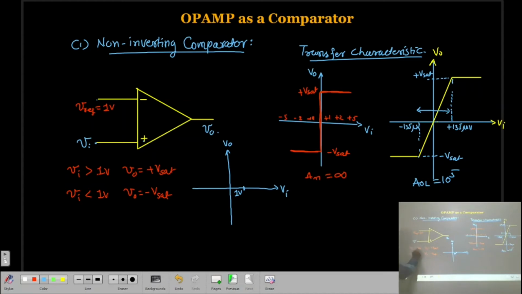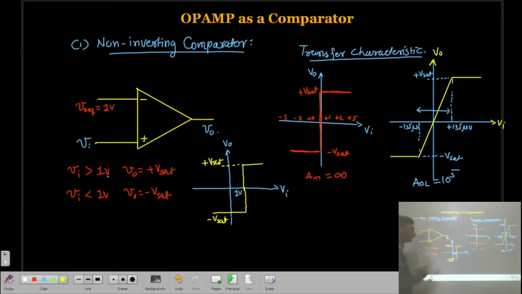Whenever it is greater than 1, positive V saturation will be there. So here the op-amp will change the state at this point, and this is my plus V saturation. If the voltage is less than plus 1 volt, then the op-amp will be in minus V saturation.